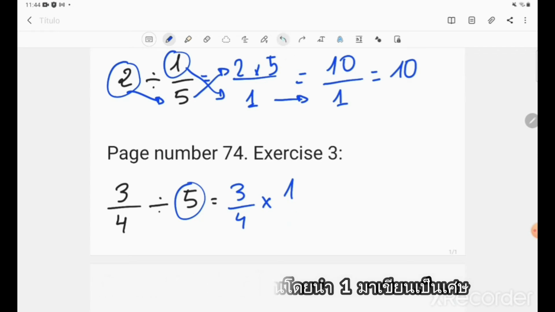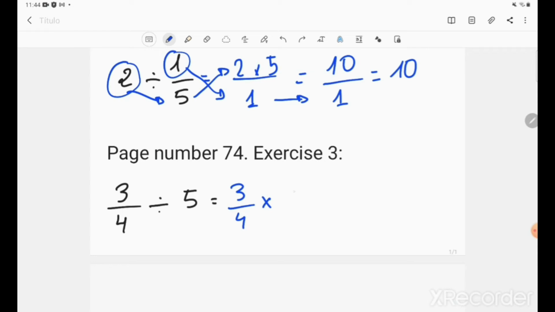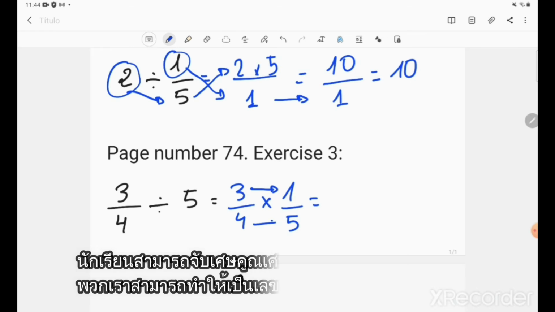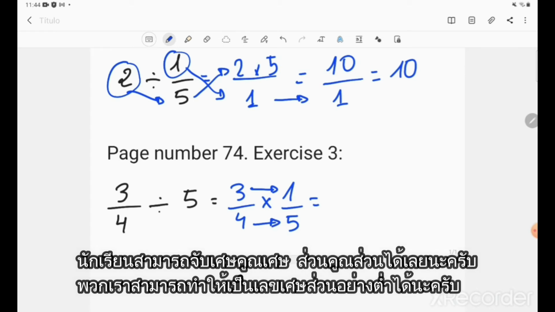Okay, so 3 over 4 multiplied by 1 over 5. Okay, that's it. And now we know how to multiply. We just need to multiply numerator by numerator and denominator by denominator. 3 multiplied by 1 equals 3, and 4 multiplied by 5 equals 20.